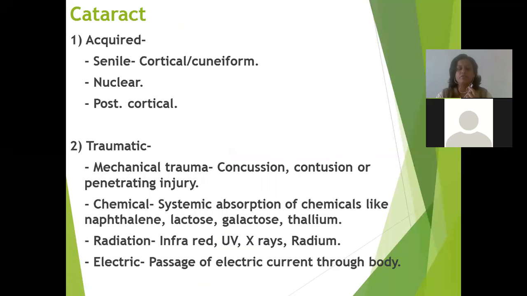In this, we will study the acquired and traumatic cataract. In the acquired cataract, there is a senile or cortical or cuneiform cataract, nuclear and postcortical cataract, and in traumatic cataract, it is due to mechanical trauma, that is concussion, contusion, or penetrating injury.